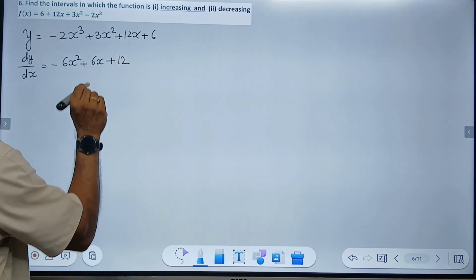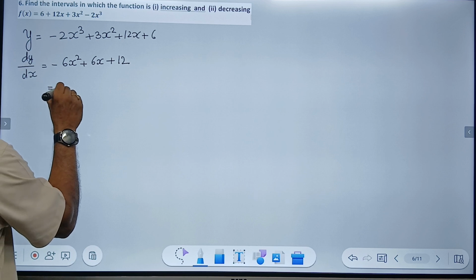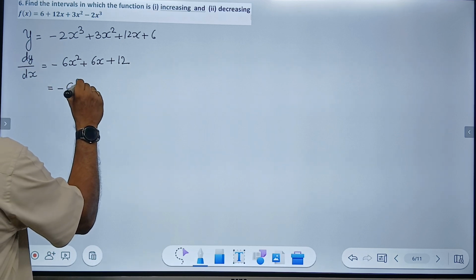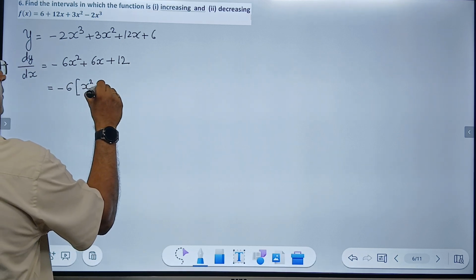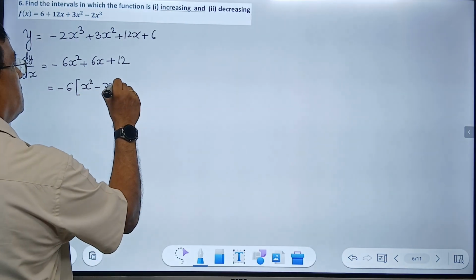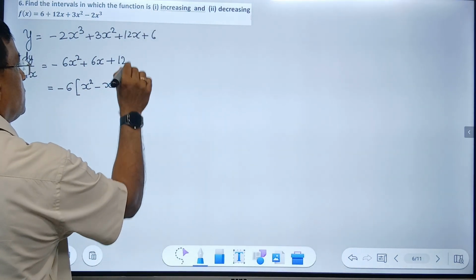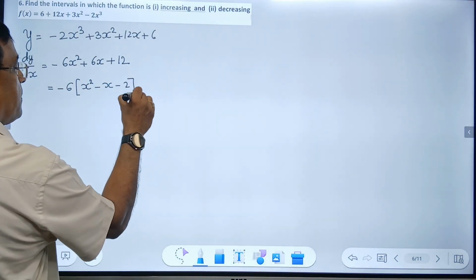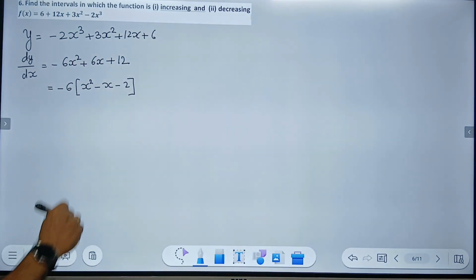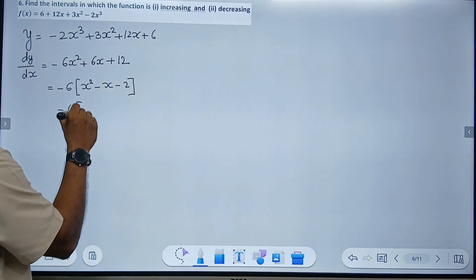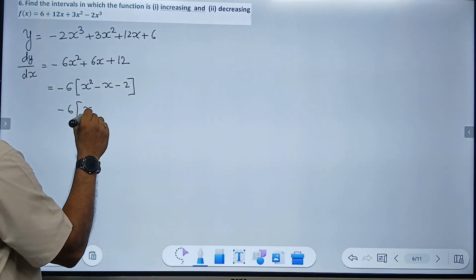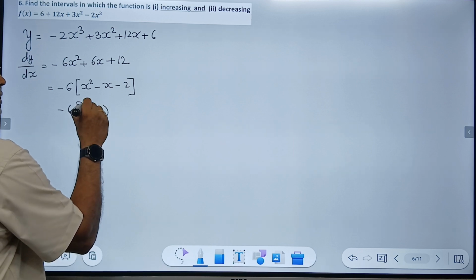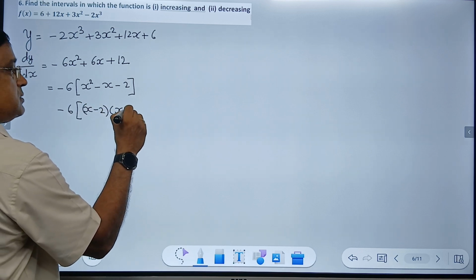Then what I do, I need to simplify. How do I simplify? Take minus 6 out. What do you get? x square minus x minus 2. Is it possible to factorize this? So this will be x minus 2 into x plus 1.